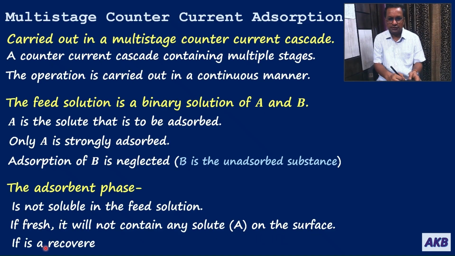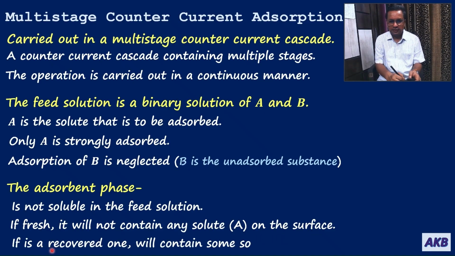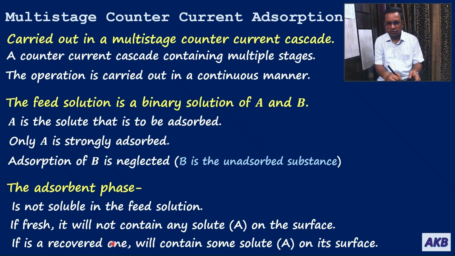But the other option is you can use a recovered adsorbent that has been used in a previous operation, and then it will contain some solute on its surface. In my discussion, I am going to consider the last scenario, where the adsorbent being used is a recovered one, and that's why it will contain some solute on its surface.